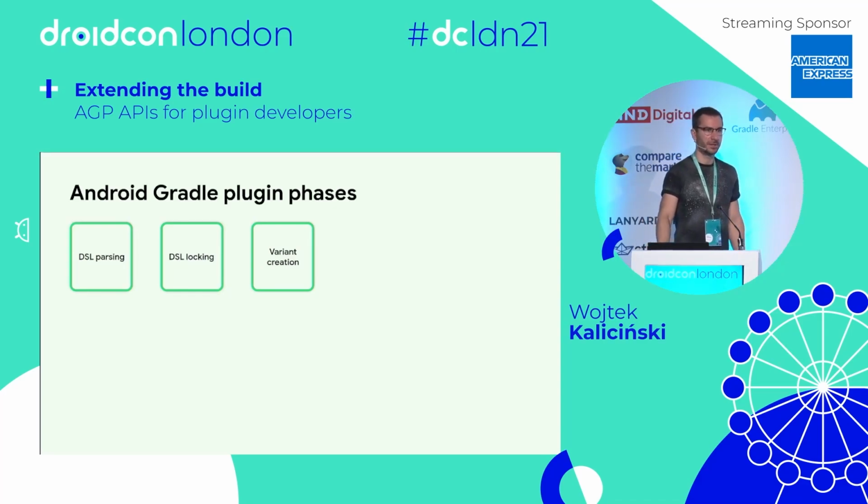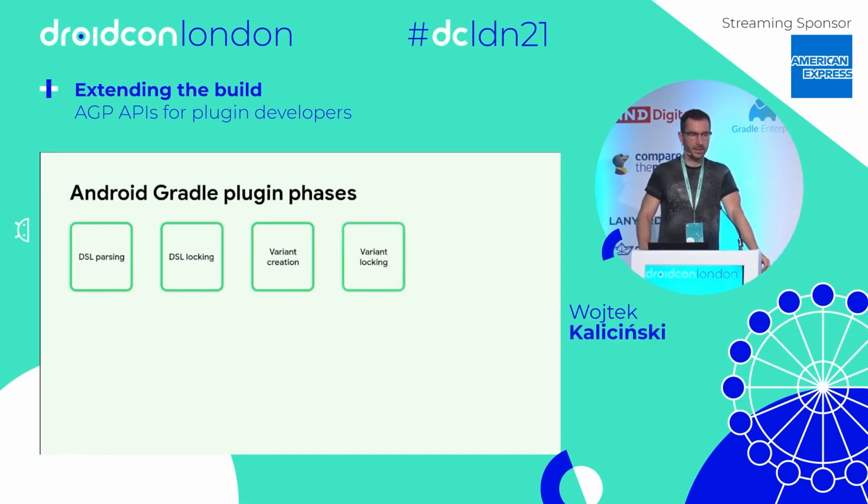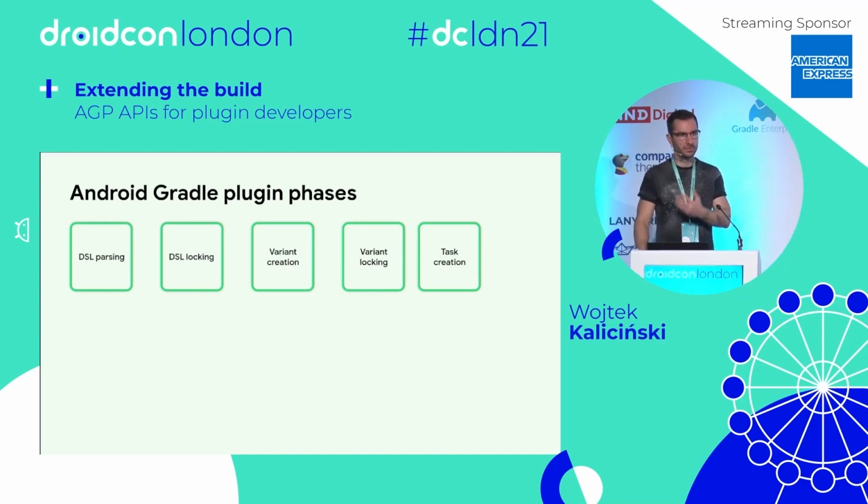So we take the DSL objects, we combine all the build types and the product flavors and everything, and we create variants. At this point, if anyone were to modify the DSL objects, that information would get lost. That's why the locking happens. So now we are creating variants, all the combinations of build types and product flavors. And again, locking happens so that after the configuration of those variant objects is done, no one is touching them, because they will be used in the end to create the actual tasks that will create all the build outputs and intermediate artifacts and so on.